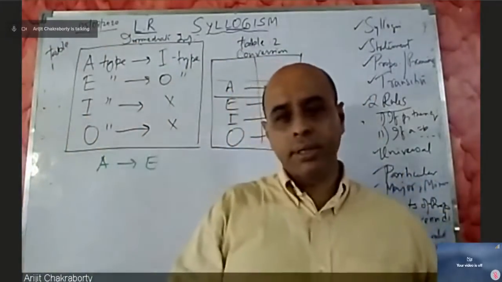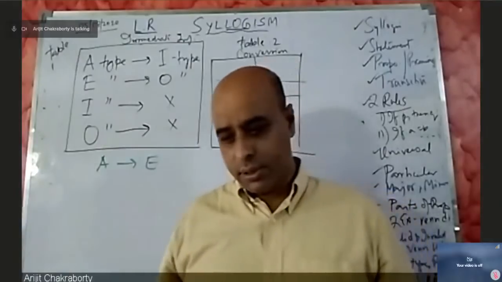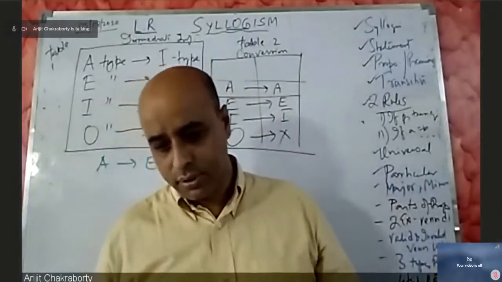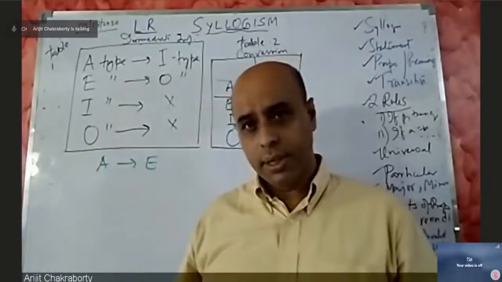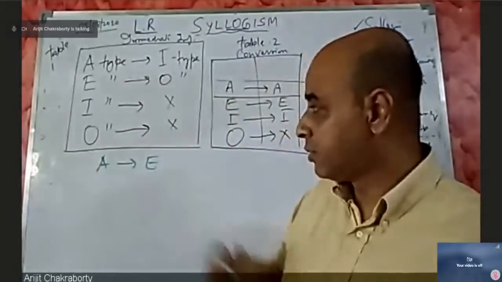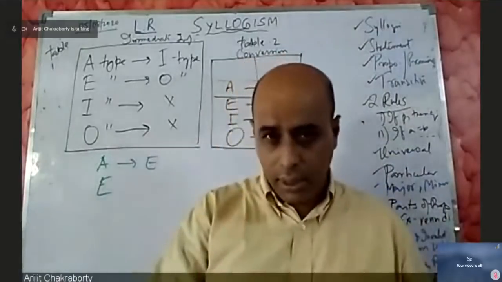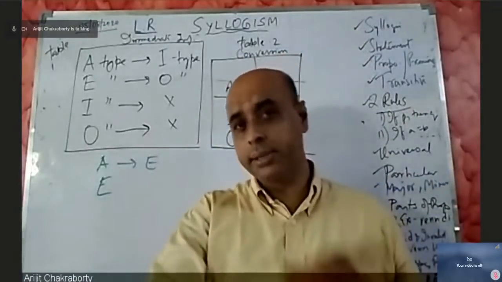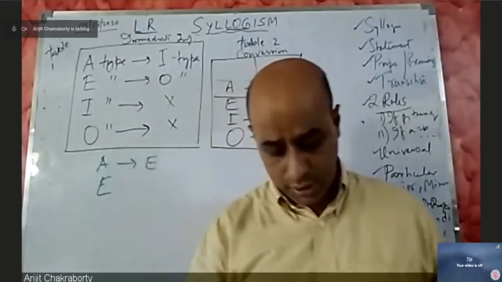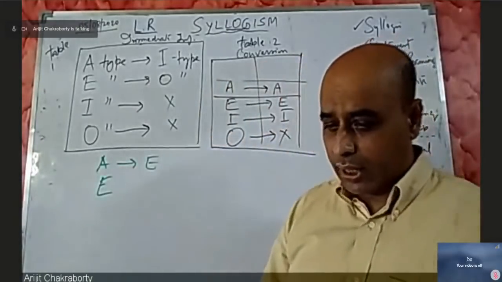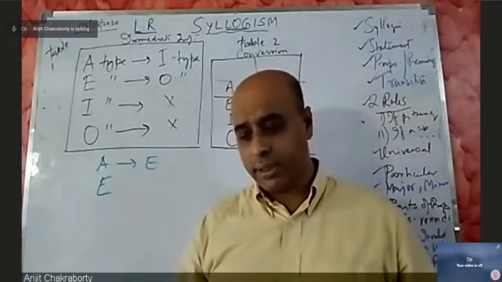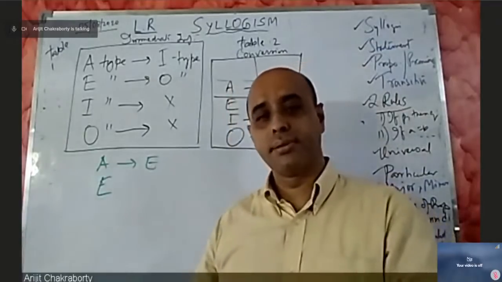Okay, no student is serious. This is the E type. It is universal and it is negative. No student is serious. After conversion we can write no serious is student.